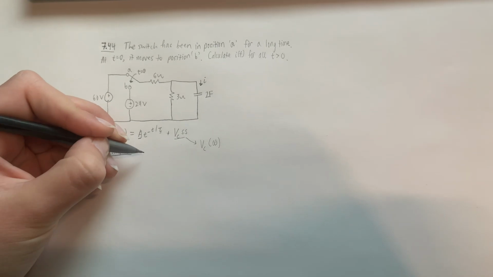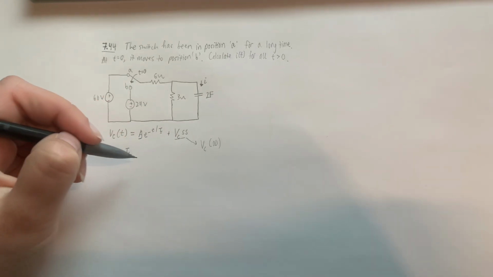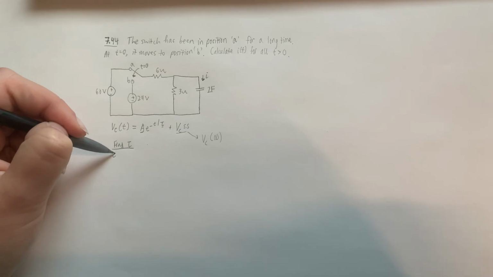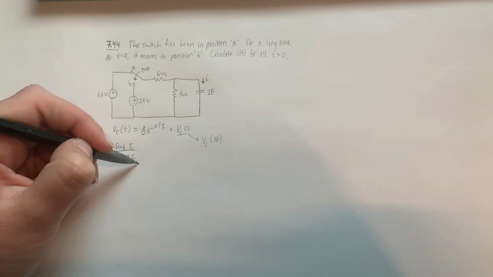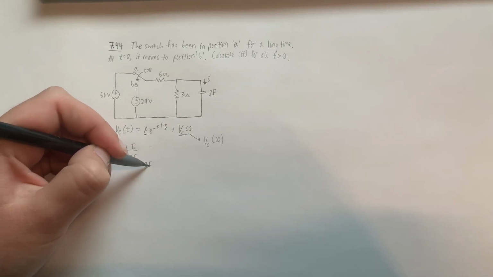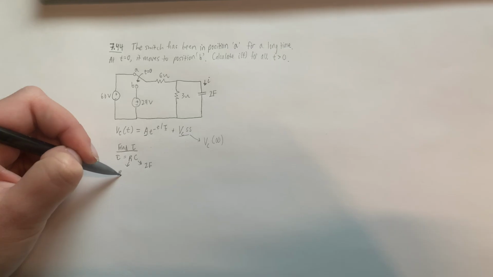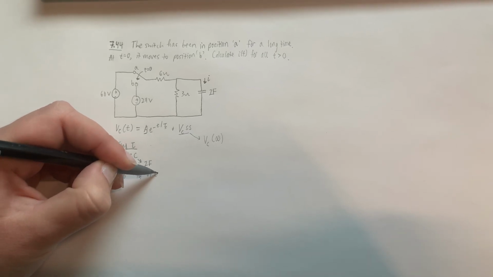For tau, I know that for a capacitor, tau equals RC. The C is the capacitance, and that's given, 2 farads. The R means R equivalent, or R Thevenin, of the circuit.